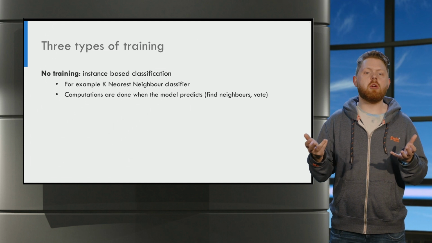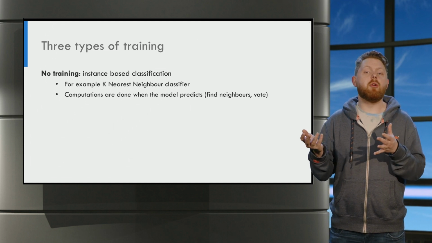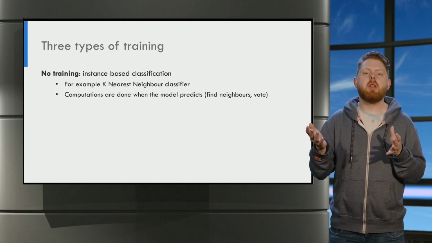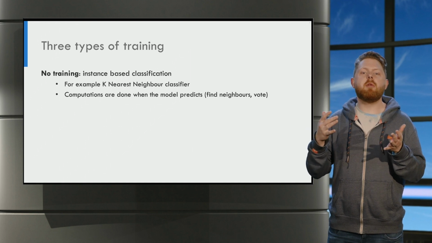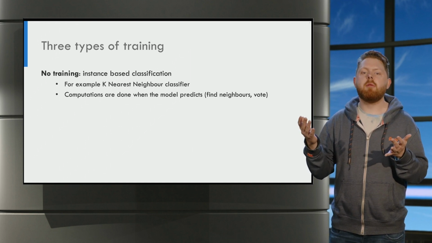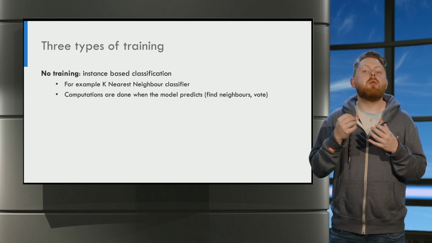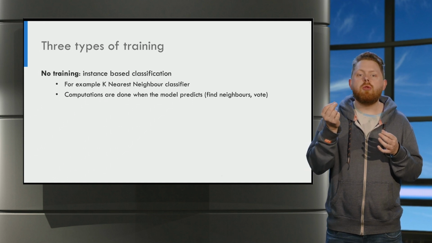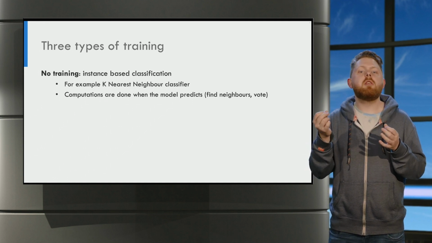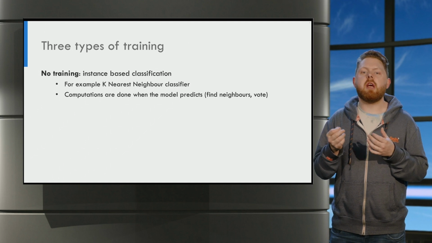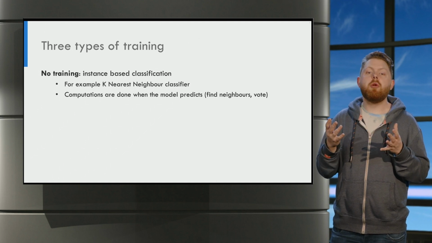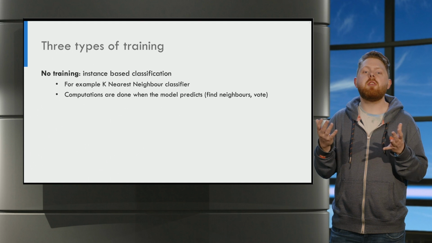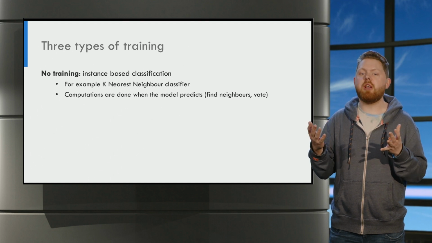All computations are done when this model is making a prediction. It then finds the neighbors and does a majority vote. Because it compares the new object to the training instances, this is called instance-based classification. No computation or training is necessary before making predictions.